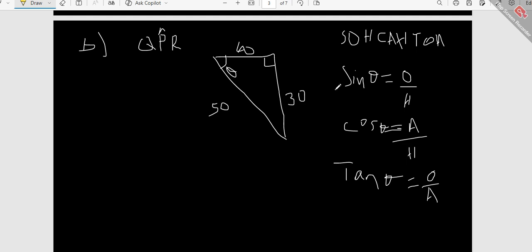Now, since we have all our sides, let me use sine. So sine theta is equal to opposite. What is the opposite of this angle? The opposite side to this angle is 30, all over the hypotenuse, which is 50. So sine theta is equal to 3 on 5.